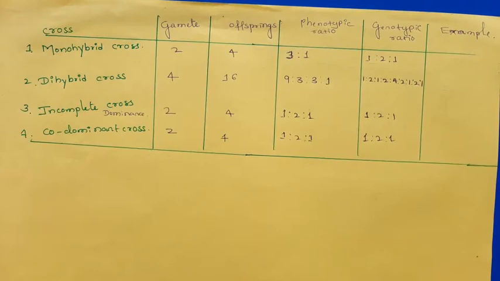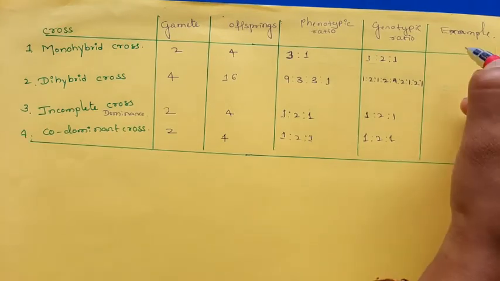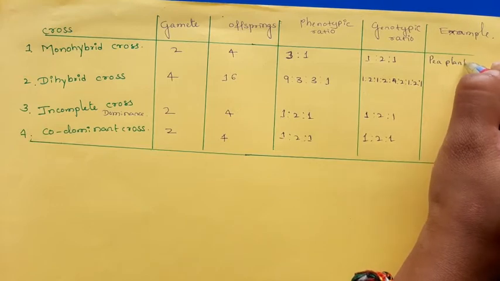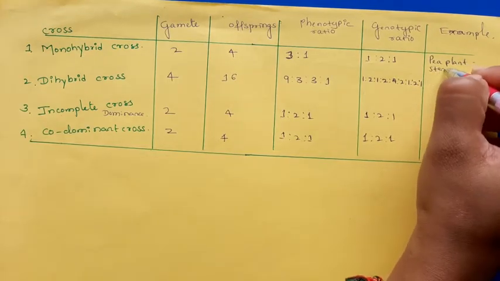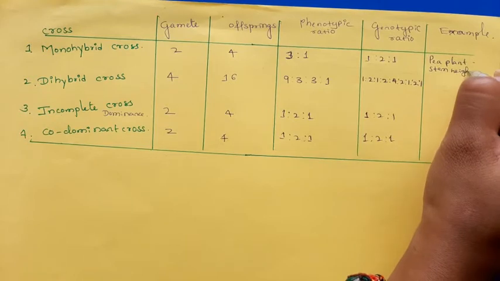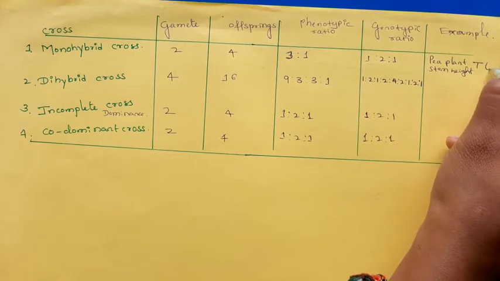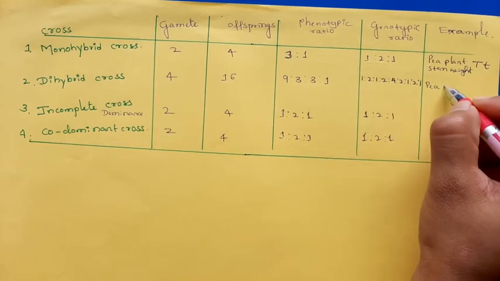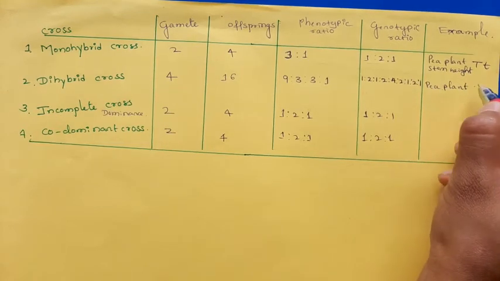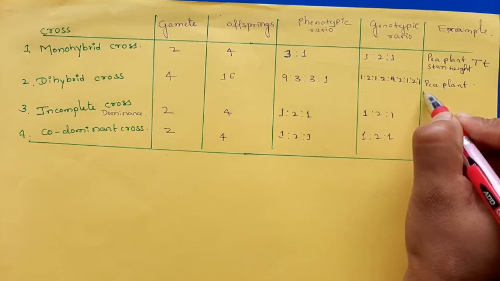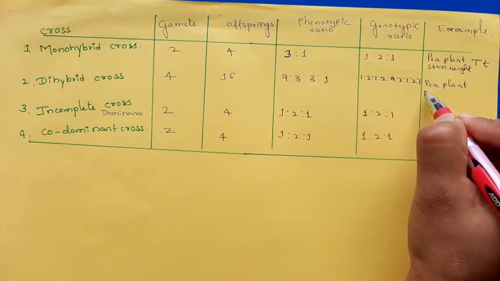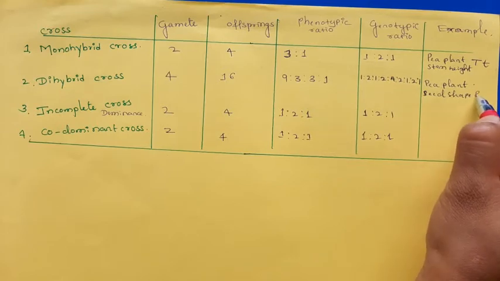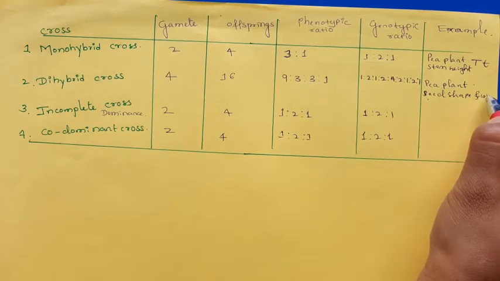The example we studied for monohybrid cross is pea plant stem height, that is small t, capital T. Then for dihybrid cross, pea plant seed shape and color.